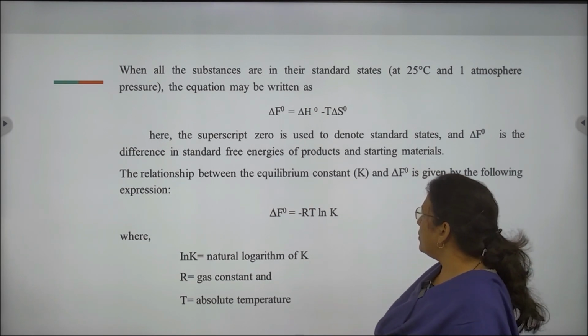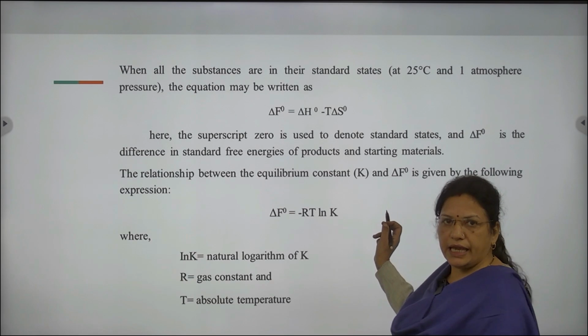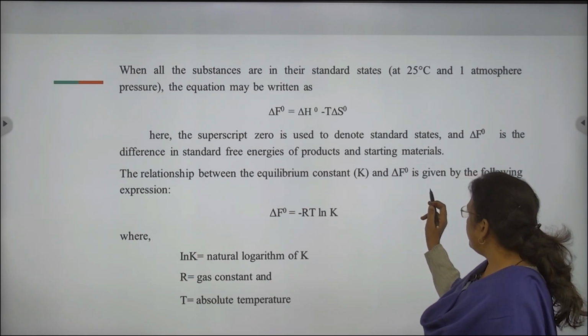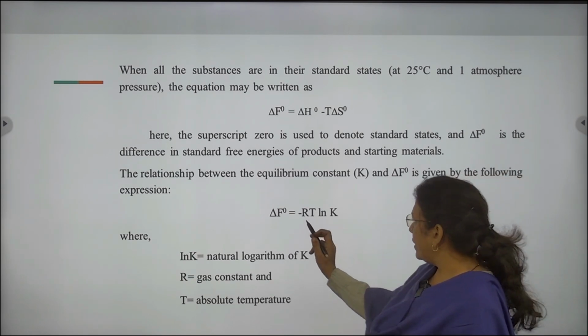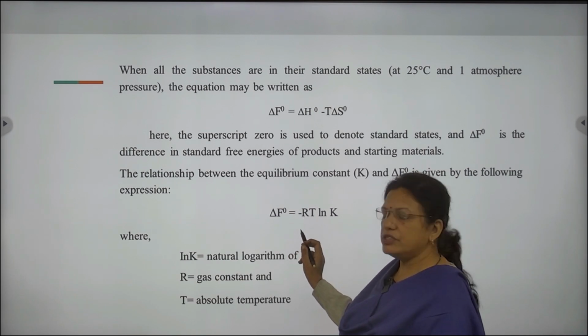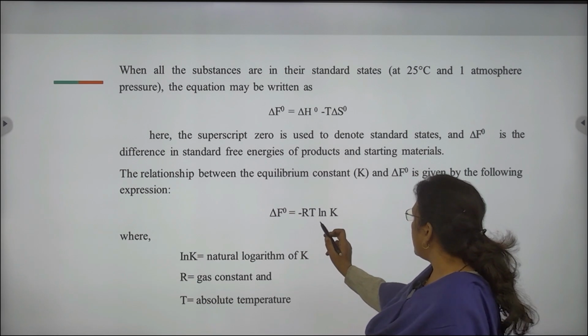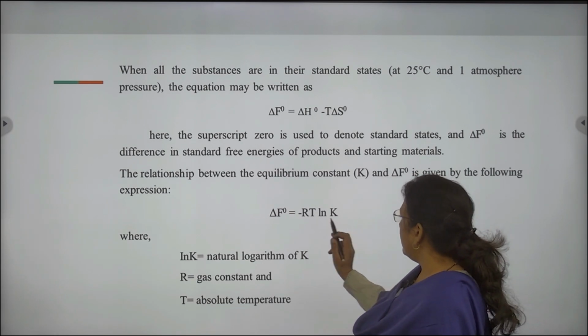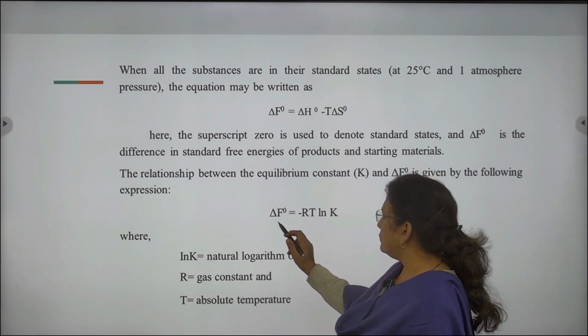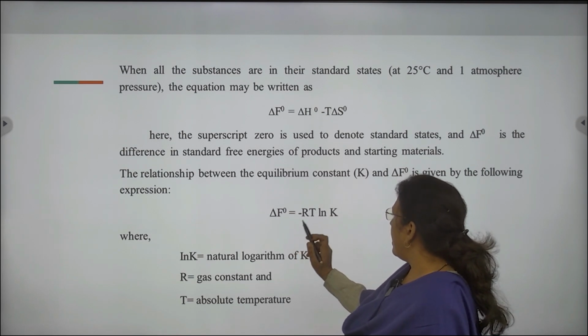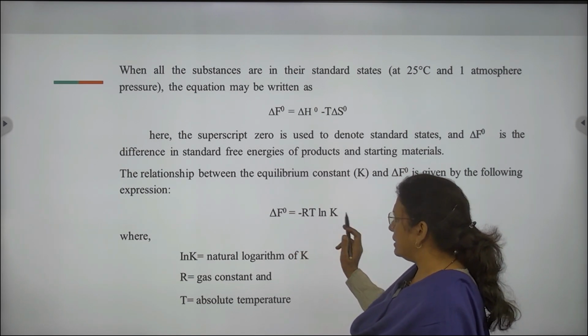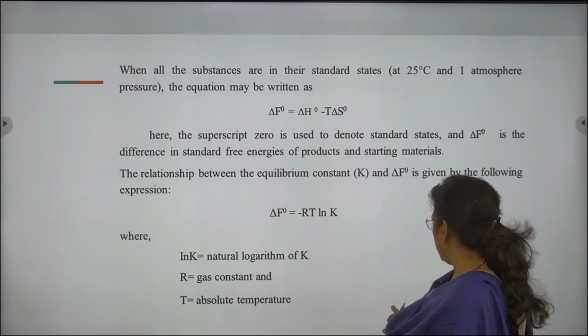The relationship between the equilibrium constant K and delta F0 is given by the following expression: delta F0 is equal to minus RT ln K, where ln K is the natural logarithm of K, delta F0 is the free energy change at standard state, R is the gas constant and T is absolute temperature.